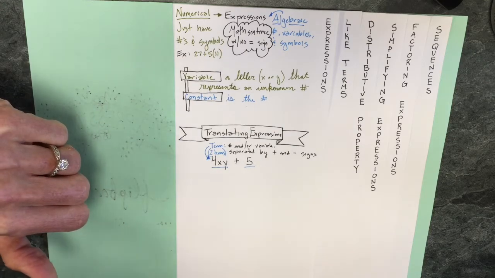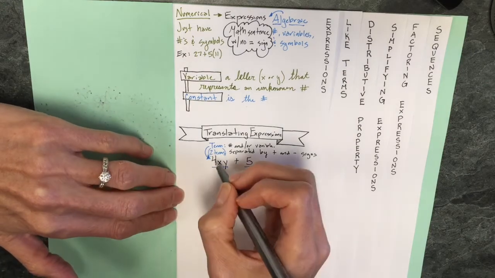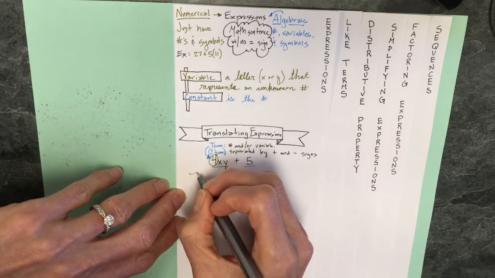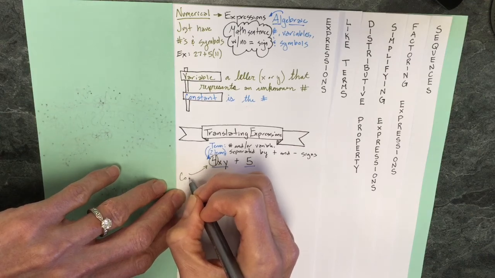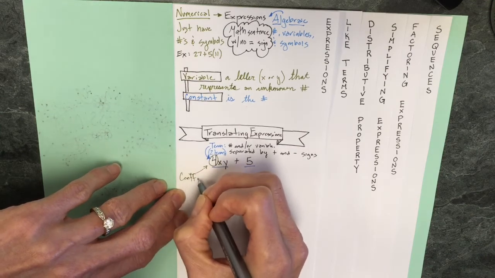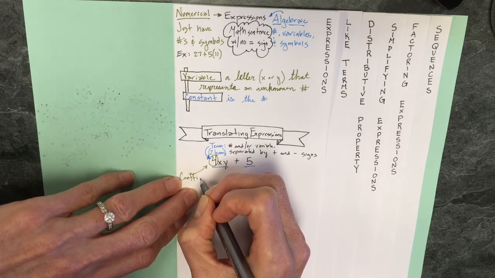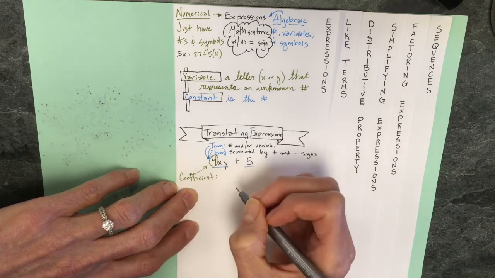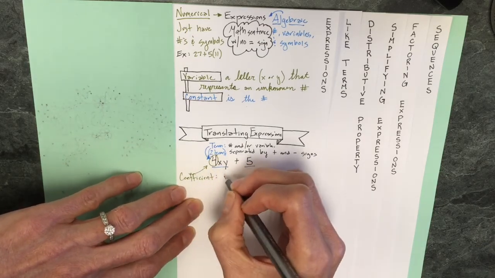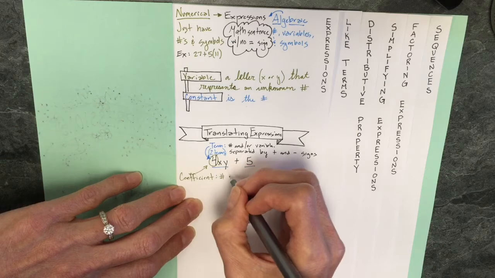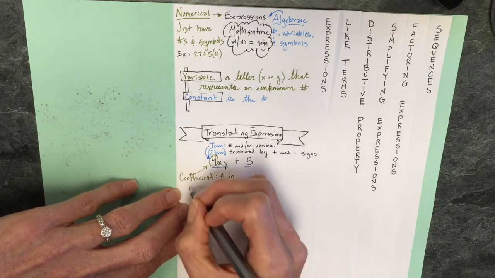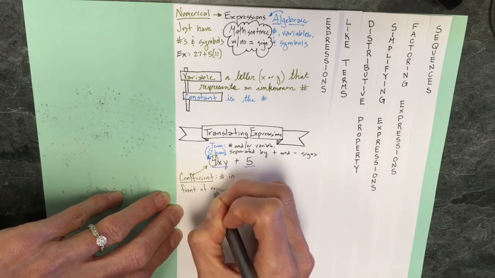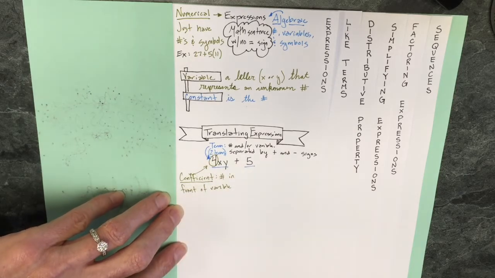Okay. Next, let's talk about this 4. This 4 right here is called a coefficient. And a coefficient is a number in front of the variable, or a number that's being multiplied by the variable.